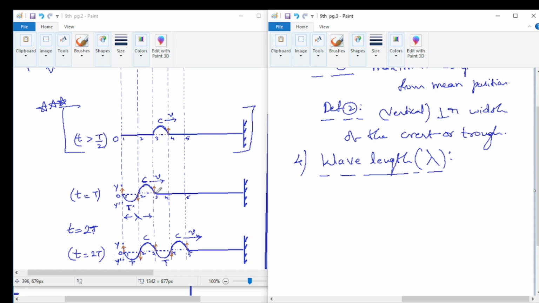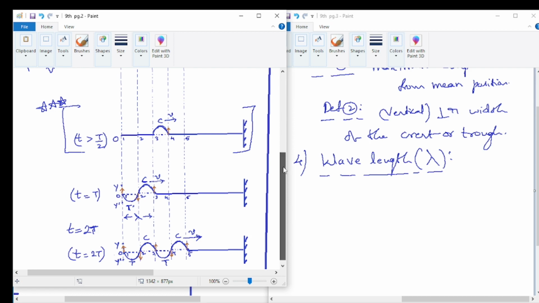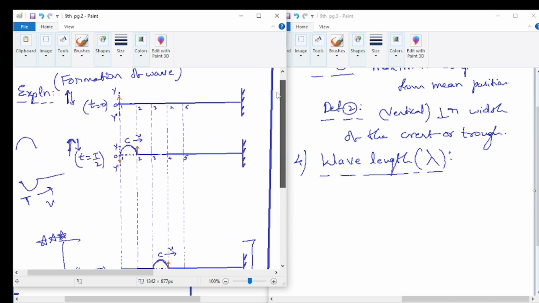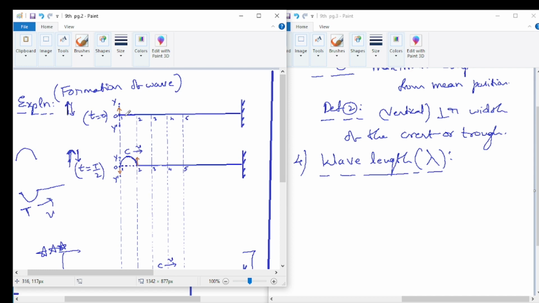Now just observe here. Earlier the entire string was completely straight. I don't want to draw that diagram again, but if you want to see it, it's a simple diagram like this. Earlier, when the wave was not formed, the string was entirely undisturbed. But in one time period, when one vibration of the particle is completed, one full wave gets formed here.